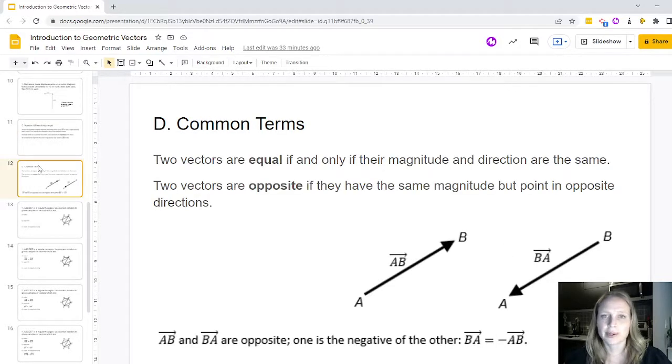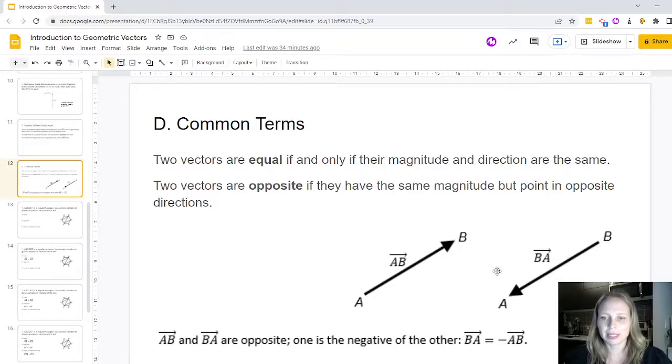Okay, some common terms. Two vectors are equal if and only if their magnitude and direction are the same. And two vectors are opposite if they have the same magnitude but point in opposite directions. So here we have vector AB, and this is vector BA, so from its starting point to its end.